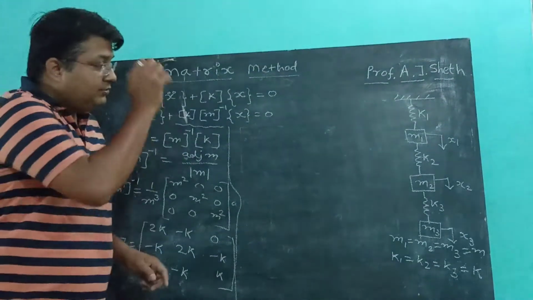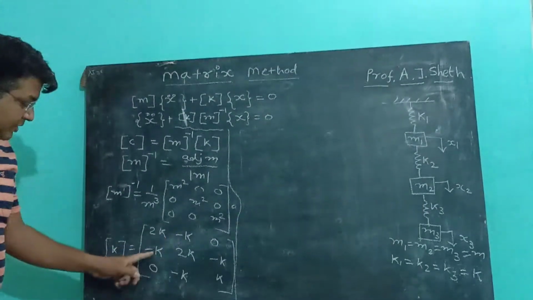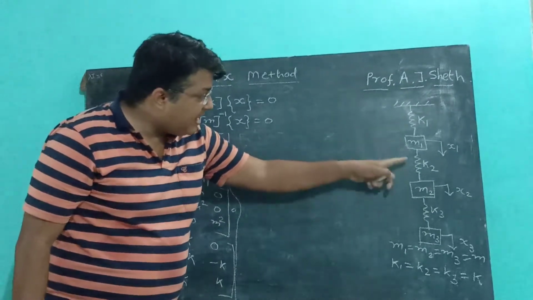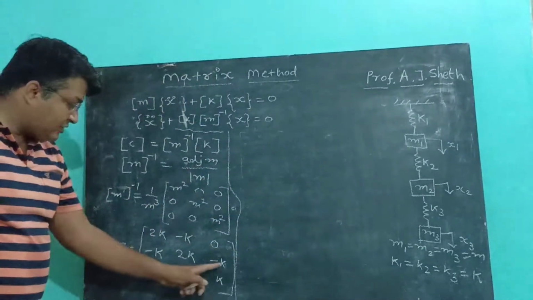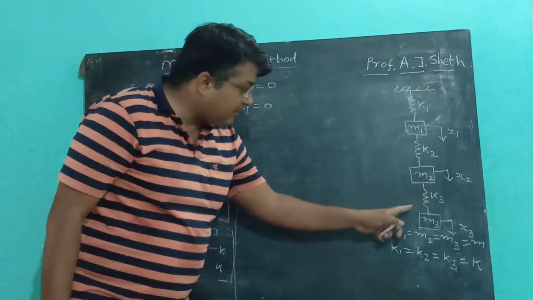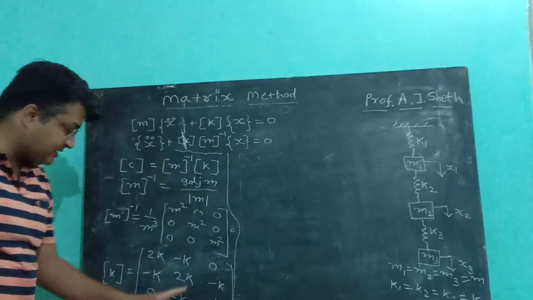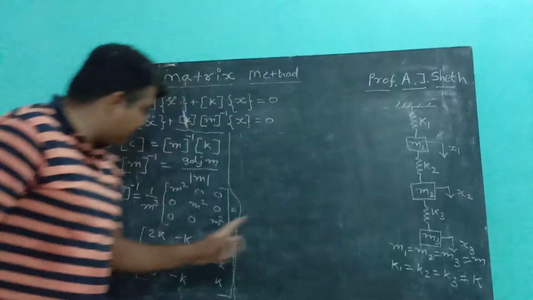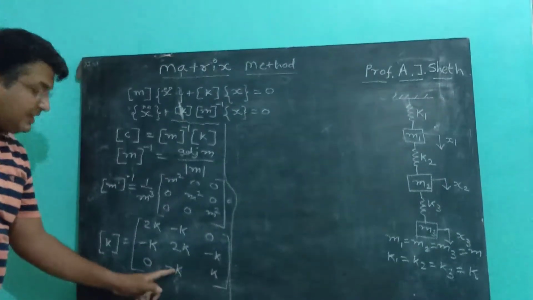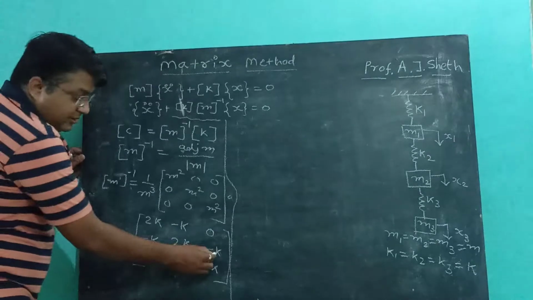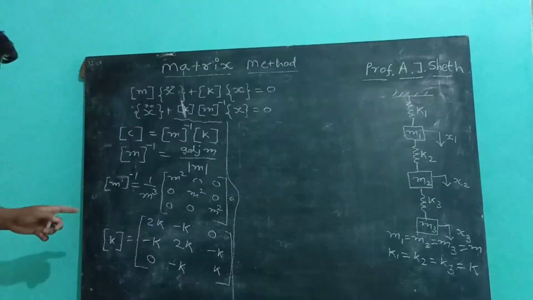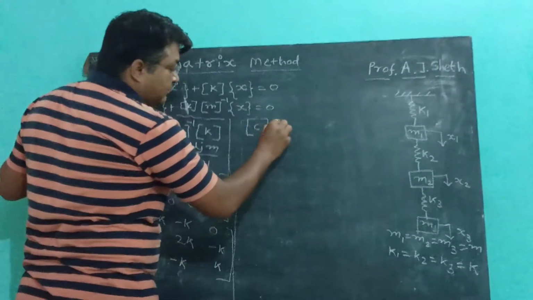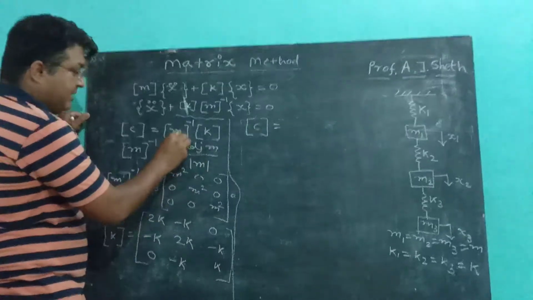This location was for mass m1, interconnected by K2, and this one is for the second, that is K3. So the interconnected entries are minus K2 and minus K3. So I have just put in the values. Now the dynamic matrix C is m inverse K.